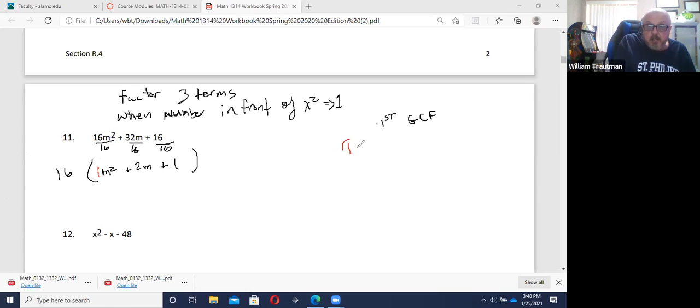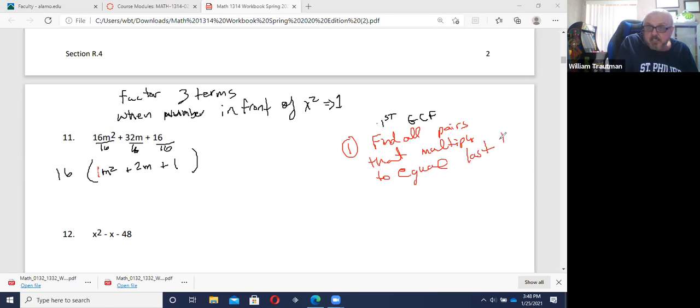So step 1, find all pairs that multiply to equal the last term. And this is a really simple problem, the last term is 1.